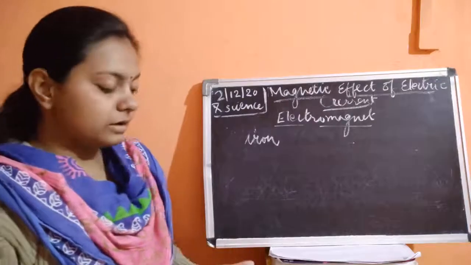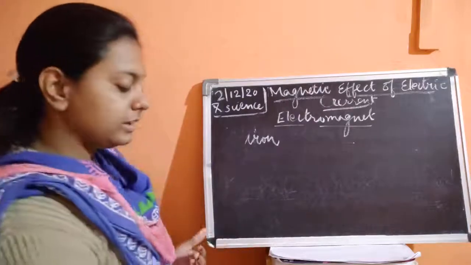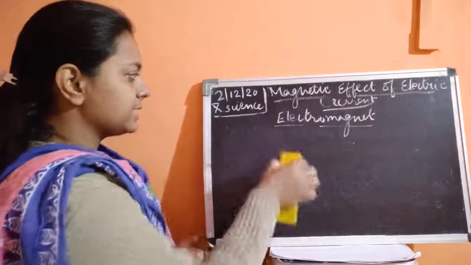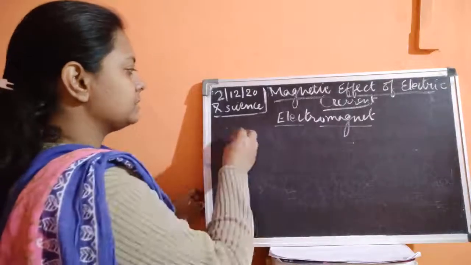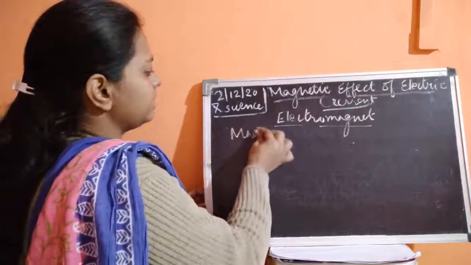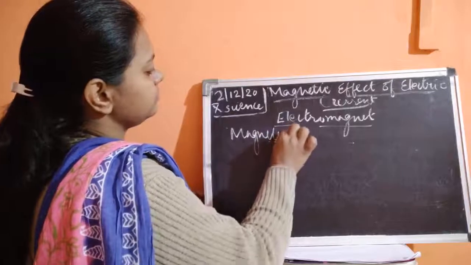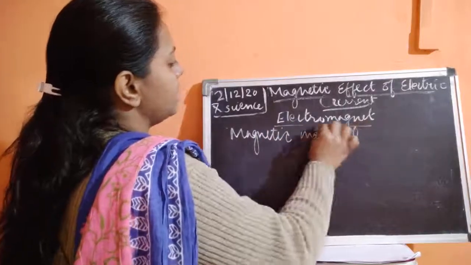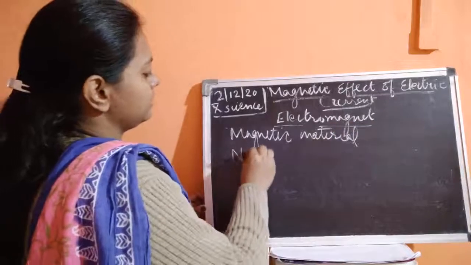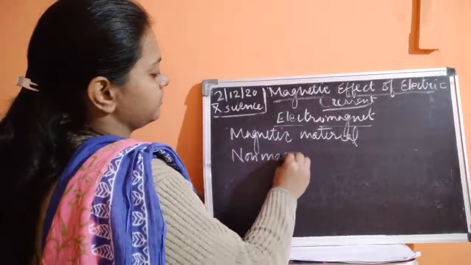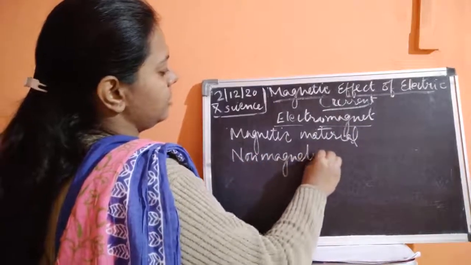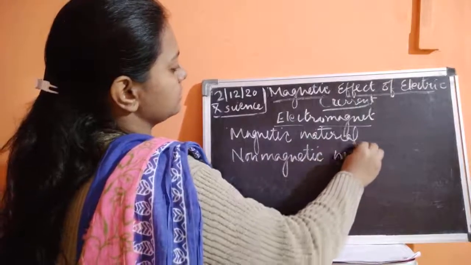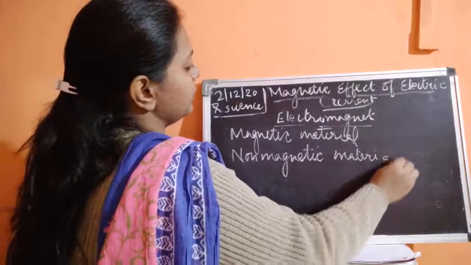Now here I just wanted to say that there are two types of material. One is magnetic material and another one is non-magnetic material.